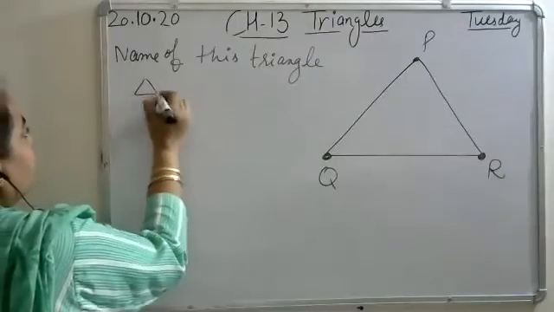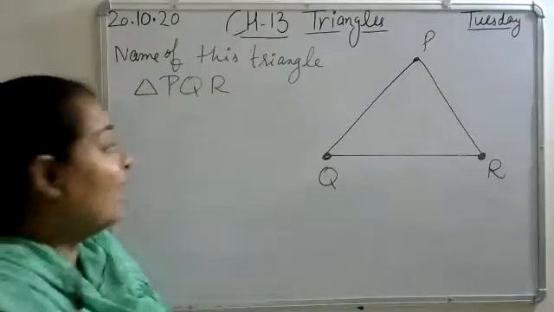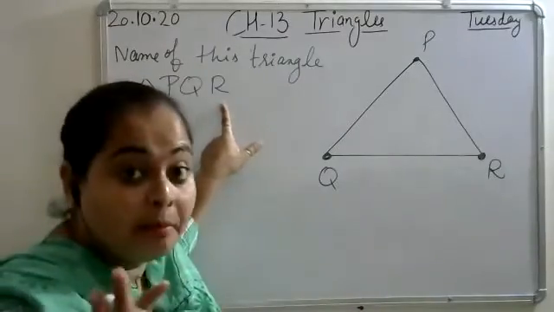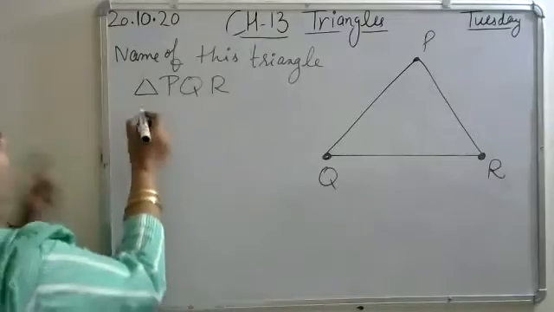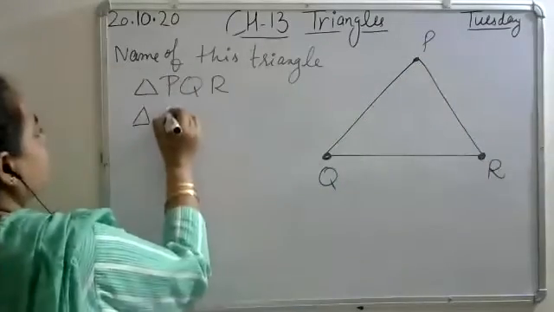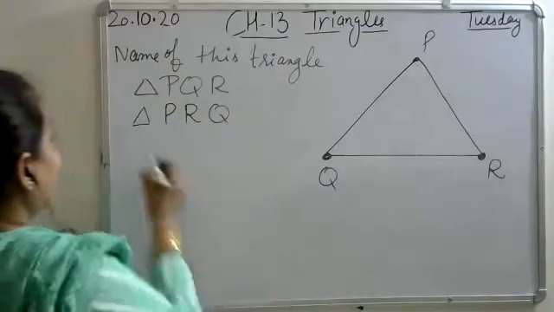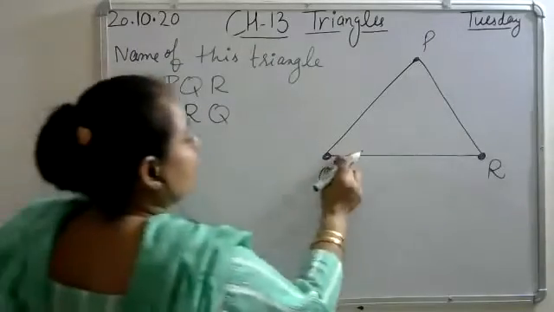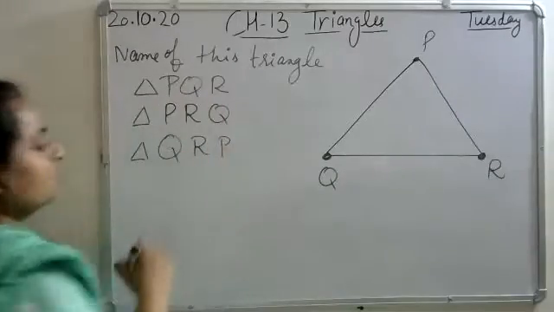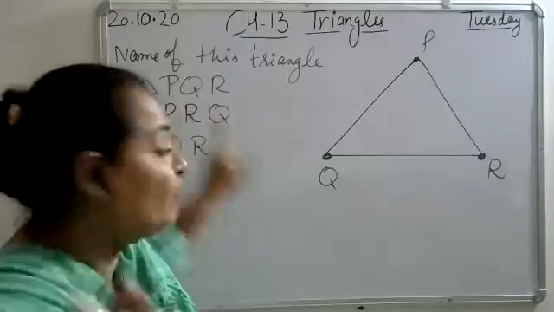Triangle PQR. And this is your wish; PQR is not a compulsion. You can also write it as triangle PRQ. You can also write it as triangle QRP.